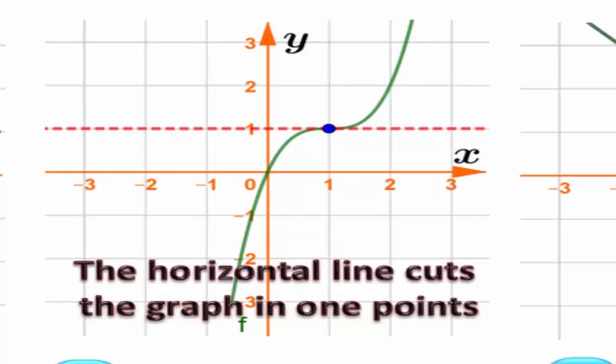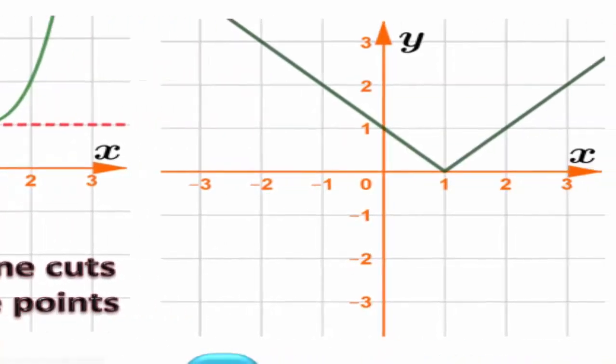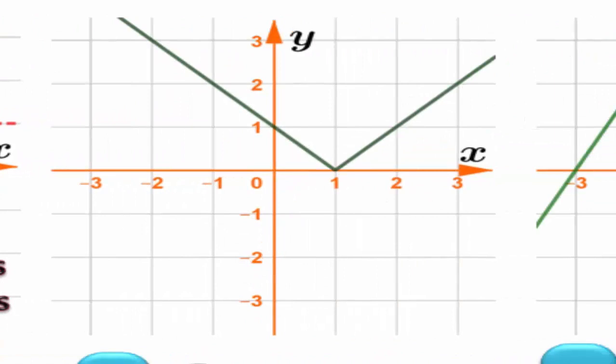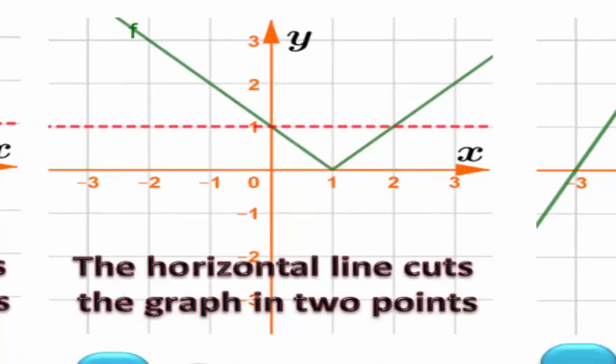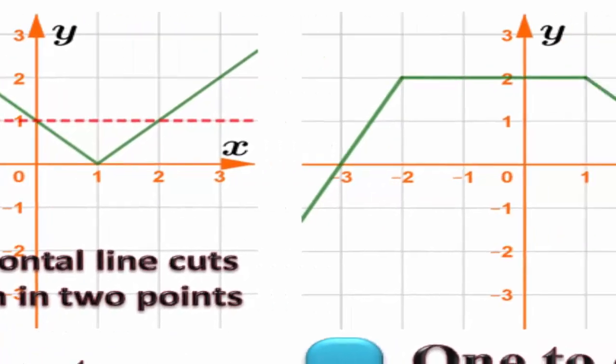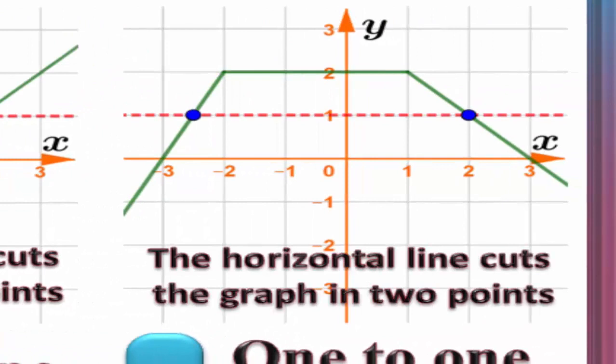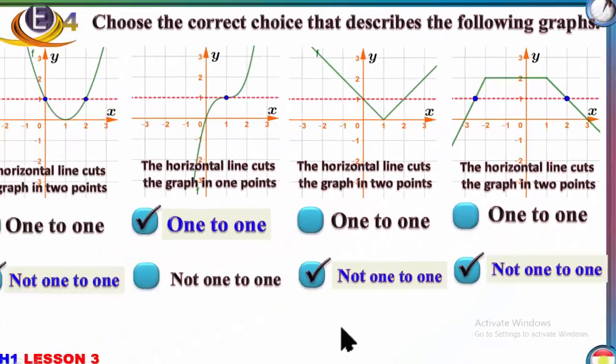Therefore, this is a one-to-one function. Here, if we draw the horizontal line, it cuts the graph of the function in 2 points, here and here. Therefore, it is not a one-to-one function. Here, we drew the horizontal line, and it cuts the graph of this function in 2 points. Therefore, it is not a one-to-one function.